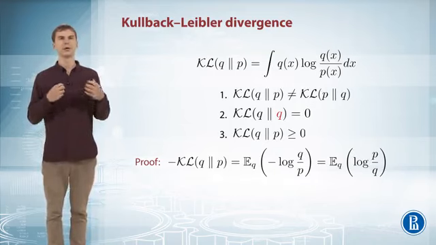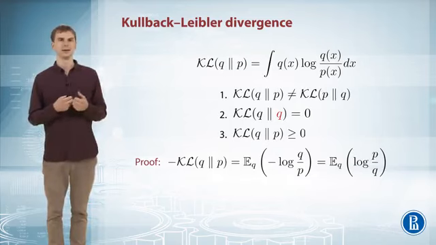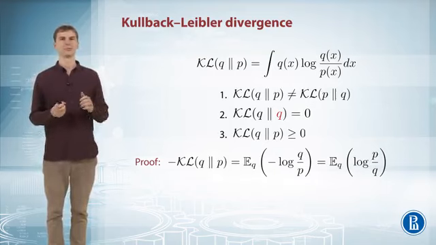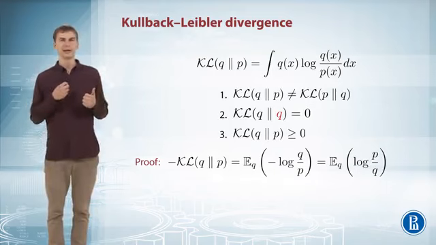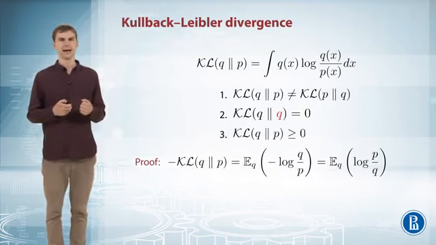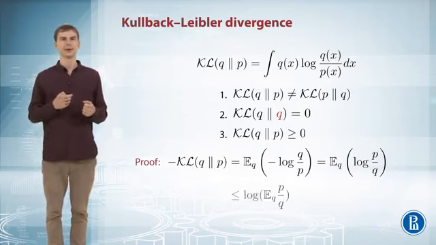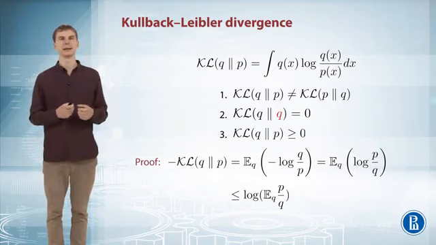And as you may know, the logarithm is a concave function. It's kind of easy to prove. You can look it up in Wikipedia or just believe me. But anyway, this means that we can apply Jensen's inequality here. And Jensen's inequality will say that expected value of the logarithm is less than or equal to the logarithm of the expected value.